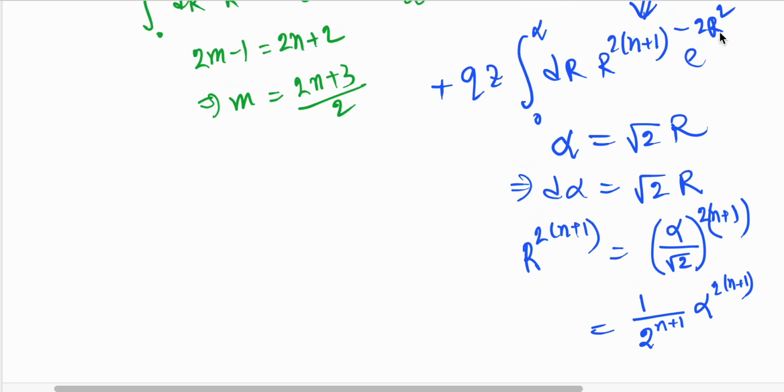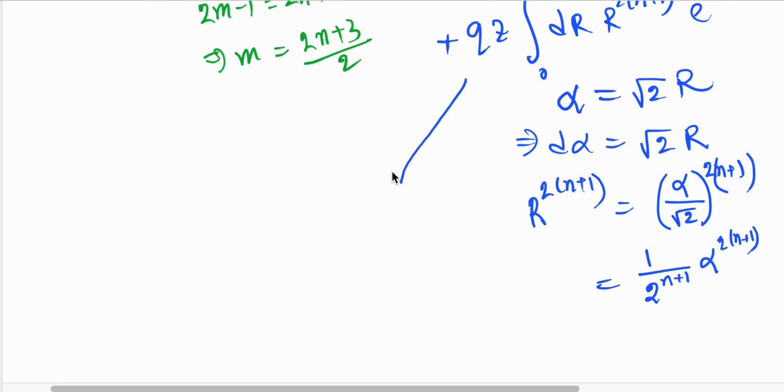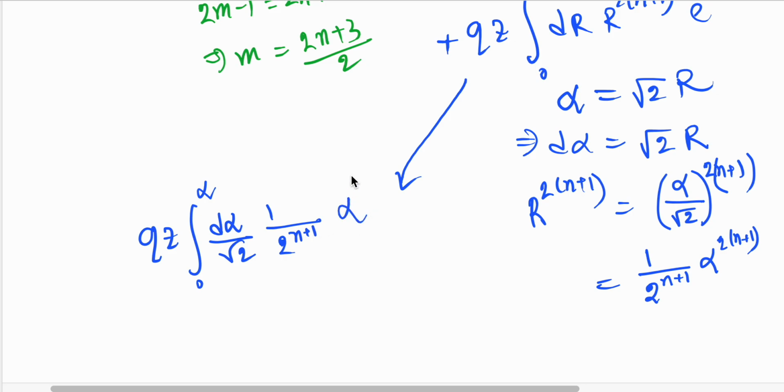So that's it. That means we can write it here in terms of alpha, 0 to infinity d alpha by root 2, 1 by 2 to the power n plus 1, alpha to the power 2n plus 1 e to the power minus alpha square.